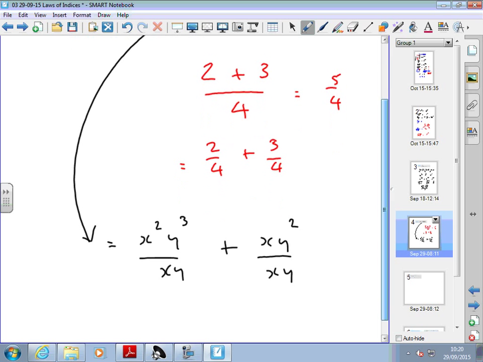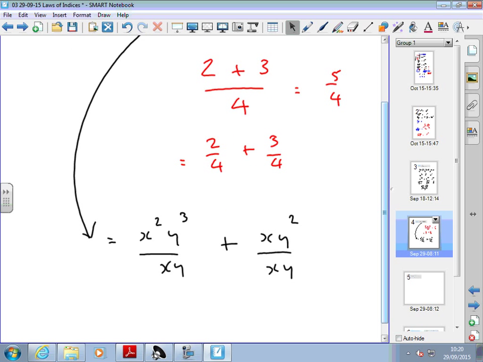Now I can cancel. I've got an x on the bottom and 2 x's on the top, so I can cancel one of the x's on the top, leaving just 1x. I can cancel that y, replace it with a 1 by the way, with one of the y's on top, so that leaves just 2. So I can take one off that power on the top. That's what I'd do, but I'm thinking about that being y times y times y. So I'm cancelling one of them out, leaving just y squared.